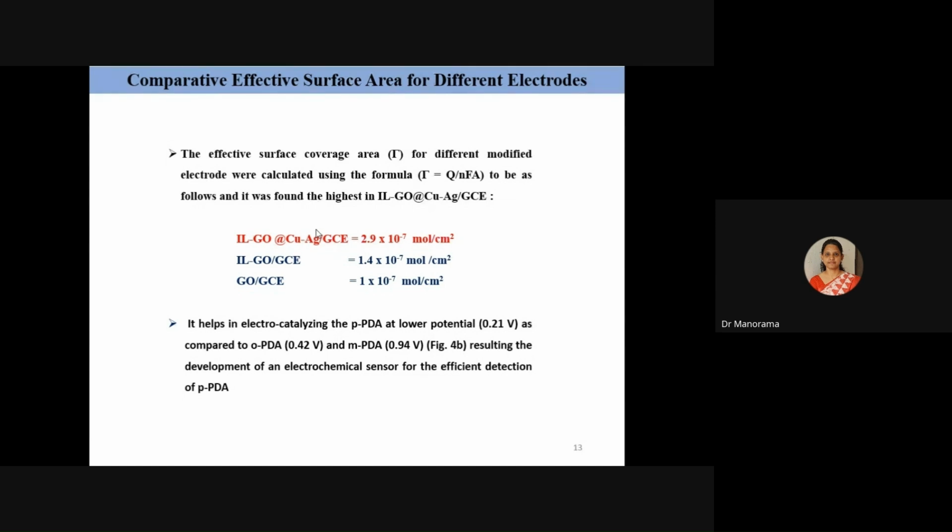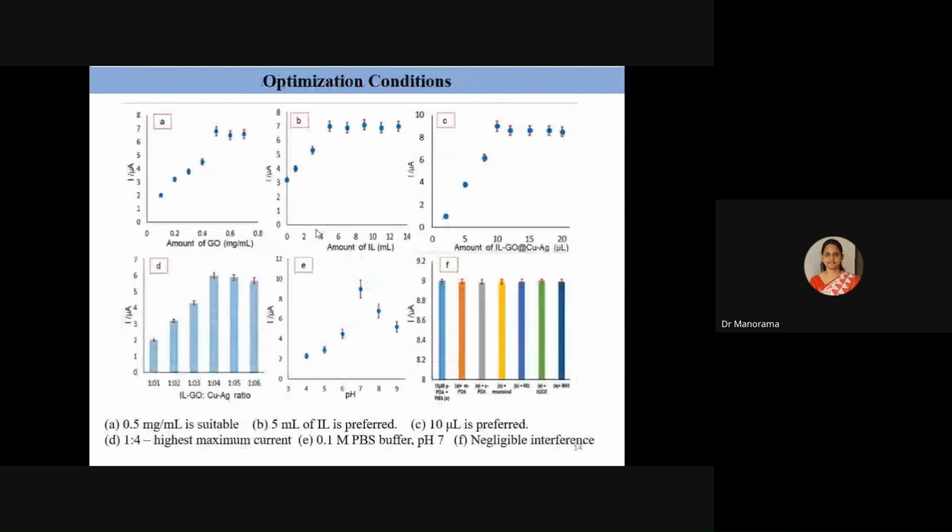So the active surface area was enhanced, which helps in electrocatalyzing paraphenylene diamine at a lower potential as compared to ortho- and metaphenylene diamine. This leaves less chance of interference from the other isomers, and we can efficiently detect paraphenylene diamine.